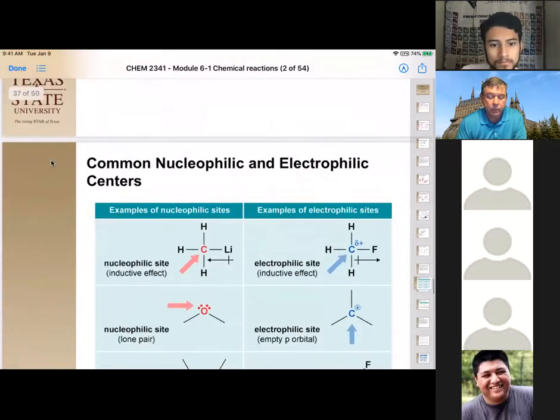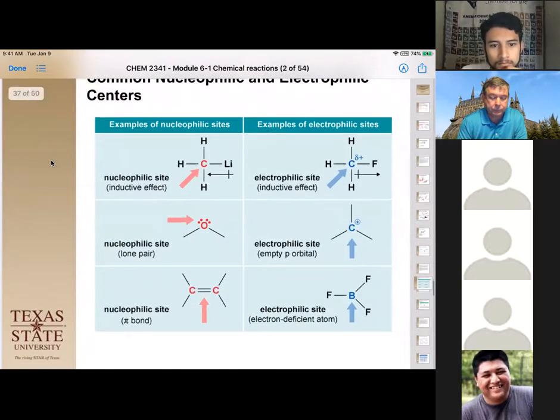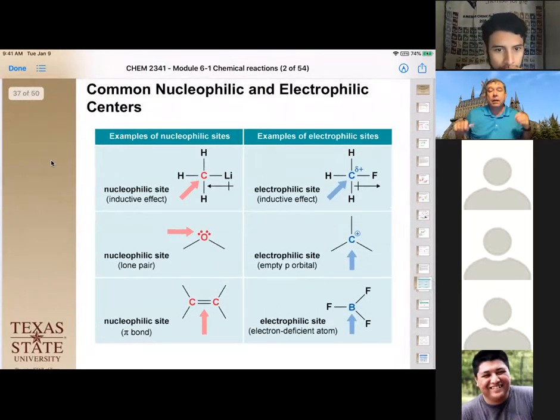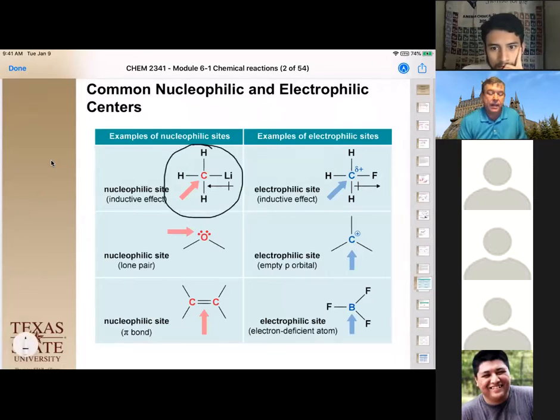Okay, so what does this look like? Again, these are centers. These are the atoms where the new sigma bond is going to be formed. Okay, so we can actually have carbon act as either one of these. In this case, it's acting as a nucleophile.